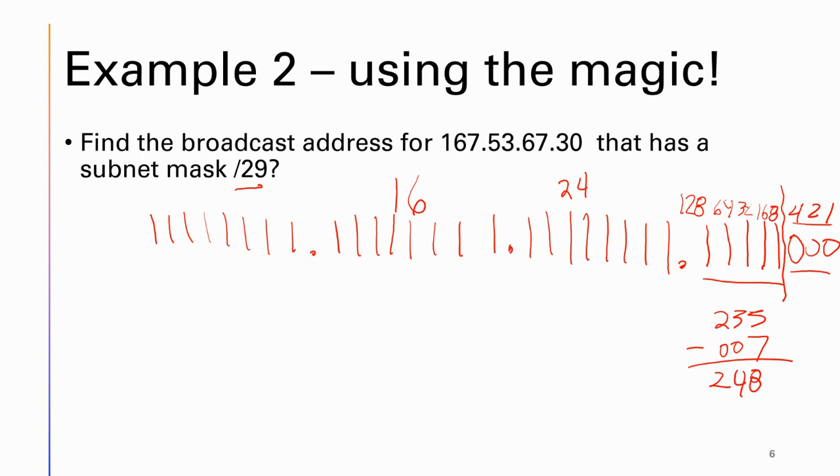So now we'll do the magic number, 256 minus 248. Now we'll just do some math here.